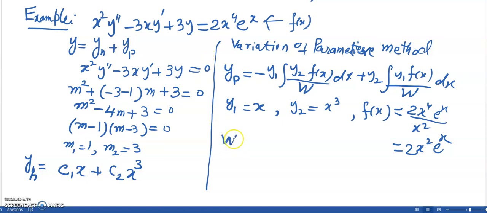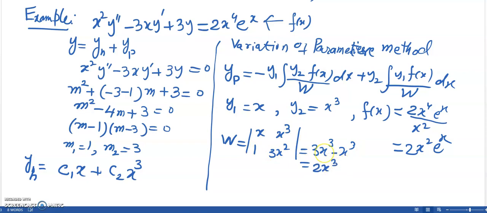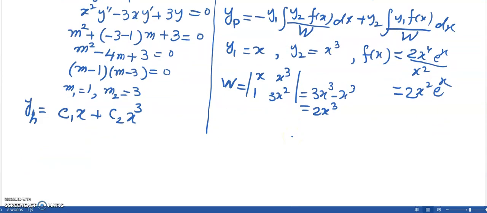So calculate the Wronskian. The Wronskian is the determinant with x, x cubed, then 1, and 3x squared. Then it will be 3x cubed minus x cubed, so it will be 2x cubed. So that is the Wronskian. Now we can calculate yp.